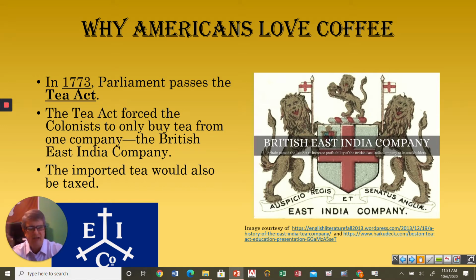So both sides had very different views about what was happening here and why it should be happening. And the colonists at least had reasons to be upset: wait a minute, because you want to help financially this London company, you're now telling us that we can't buy tea from France or Denmark or the Netherlands or wherever they may be wanting to buy tea from.